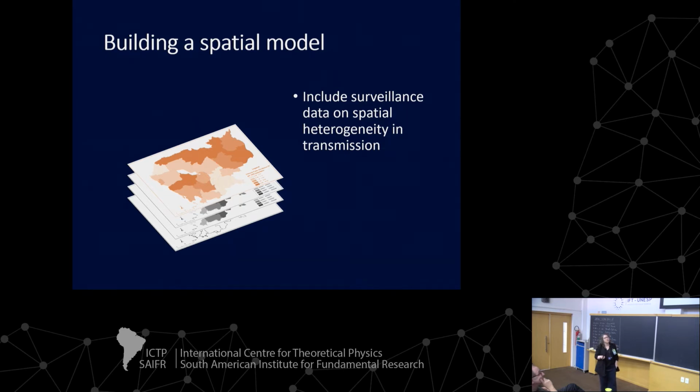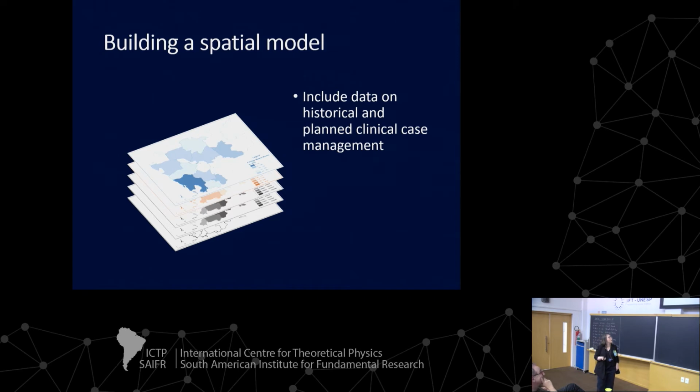Then you need data on the disease itself, the incidence of the disease, and that's heterogeneous. We also have information on historical interventions. So we're not going into this from a starting point where there's no control.